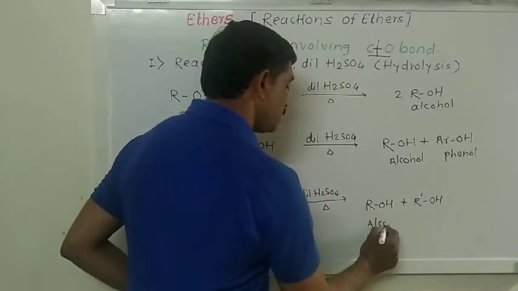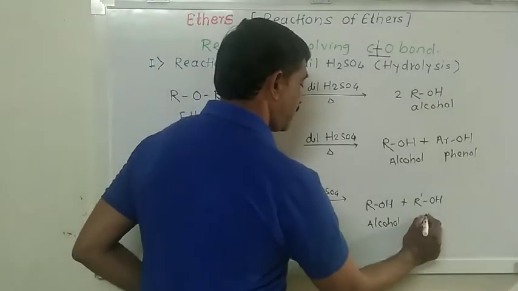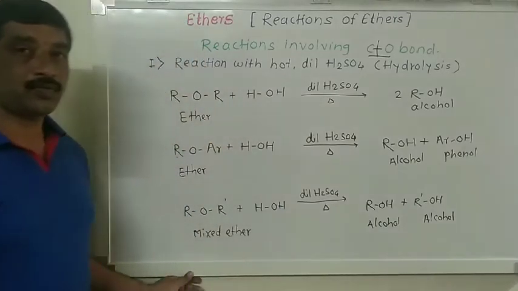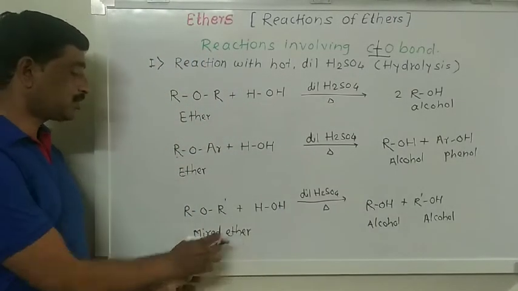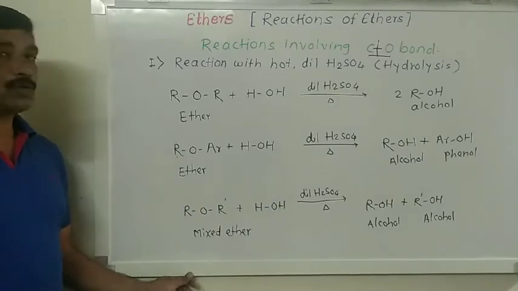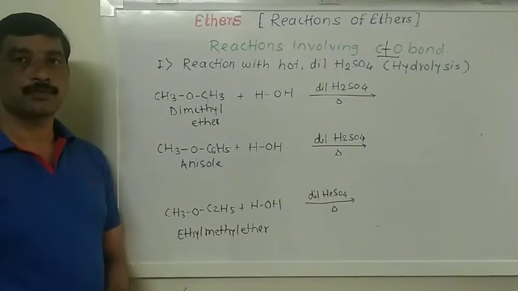This is the first alcohol and this is the other alcohol. Two different alcohols are formed after the hydrolysis of mixed ethers. So this is about the reaction with hot and dilute sulfuric acid.